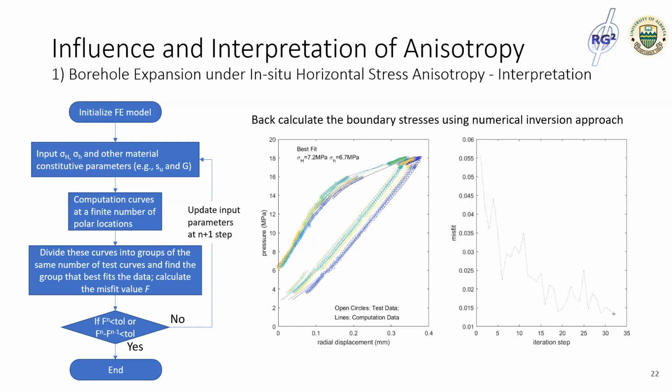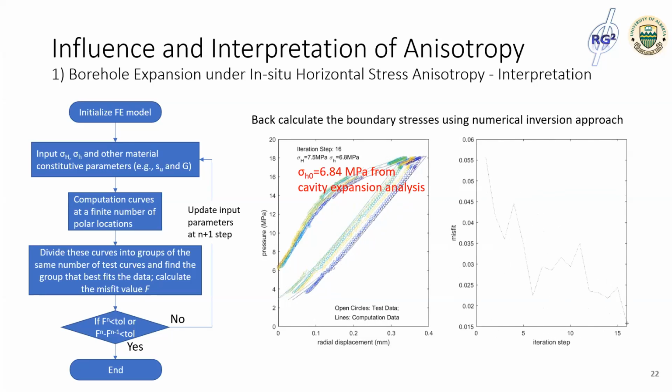We compared this derived anisotropic stress from our best fit with the in-situ horizontal stress determined using the traditional cavity expansion analysis I mentioned earlier. It is encouraging to see that this average value falls into the range of the maximum horizontal stress and minimum horizontal stress.